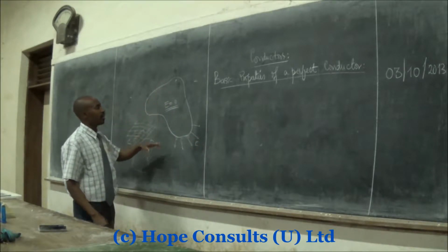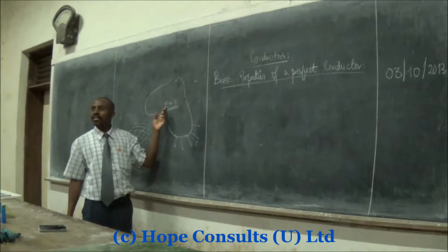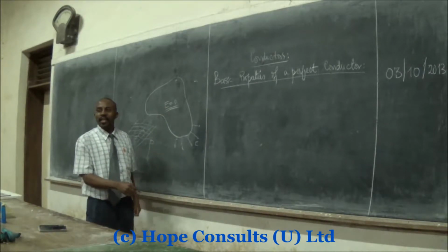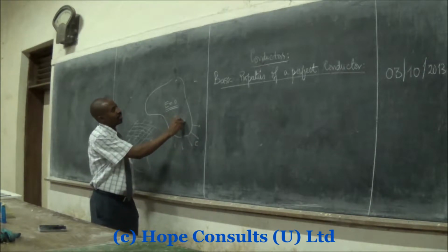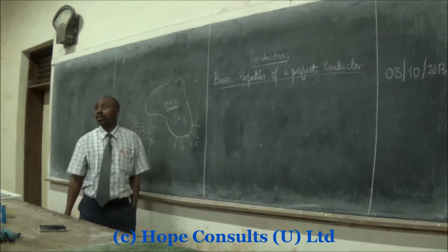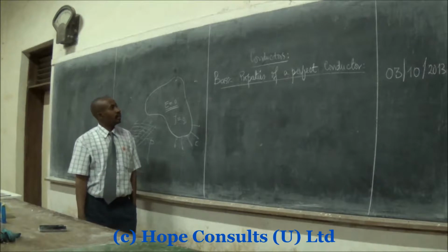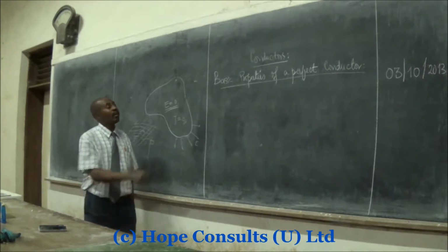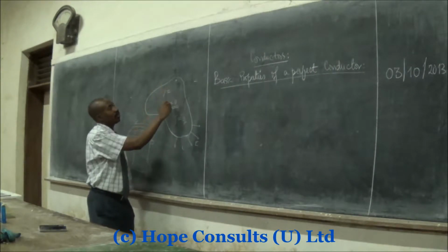So you can only find the electric field intensity on the outside. Inside there is nothing. So if E inside is equal to 0, would you find any charge inside? So the charge density inside is also 0. And what would be the potential inside? V would be equal to 0.